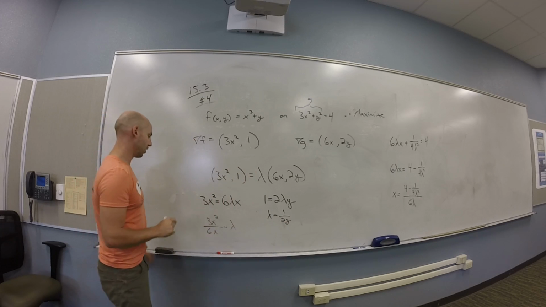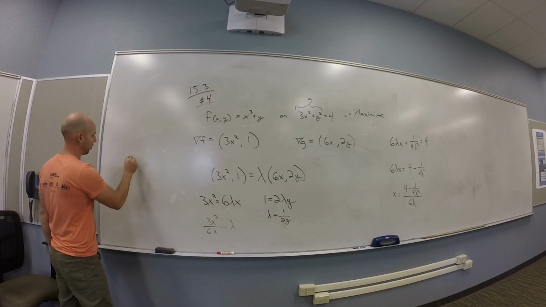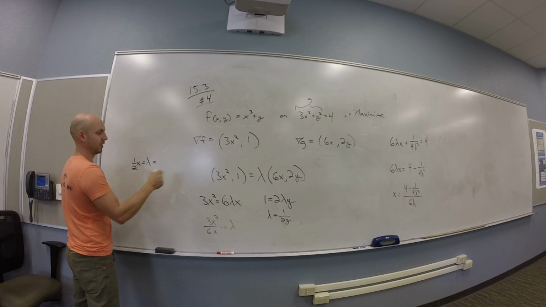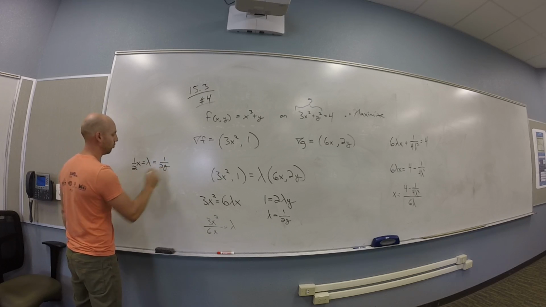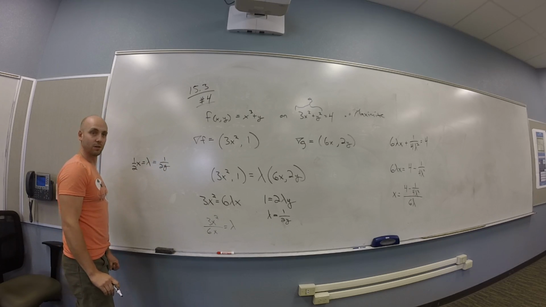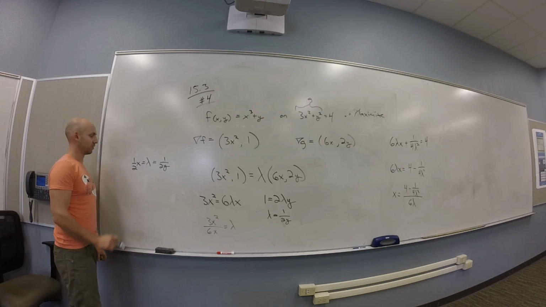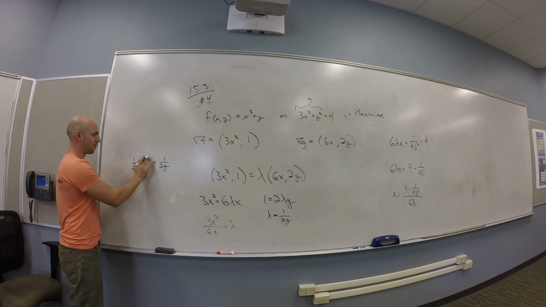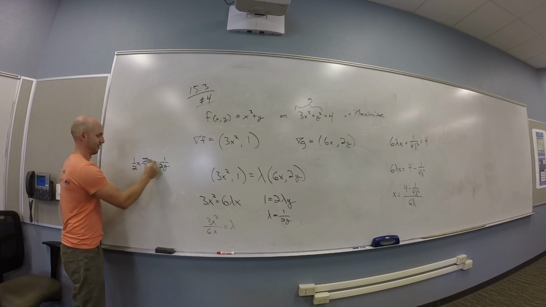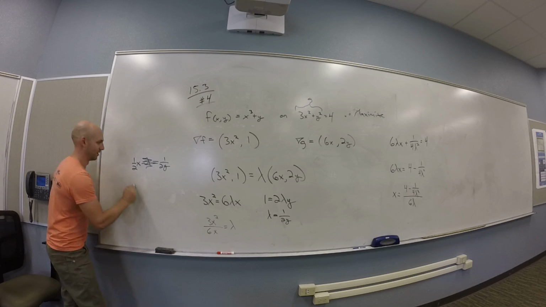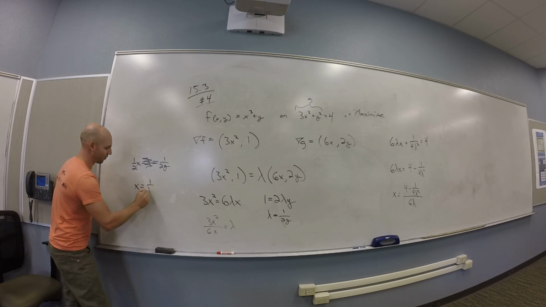So then I could do, okay, so that's 1/2 x is lambda, and lambda is 1 over 2y, right? So then I could drop the lambda, multiply both sides by 2, and get x is 1 over y.